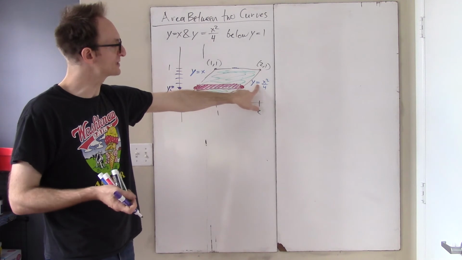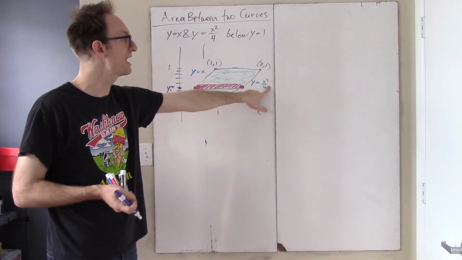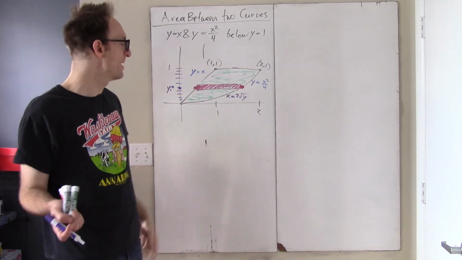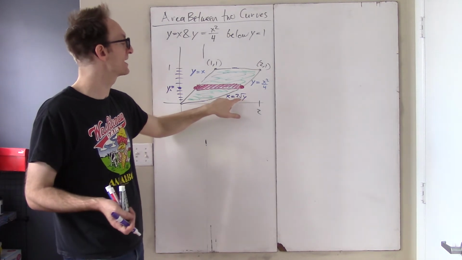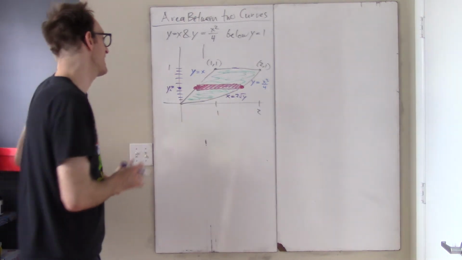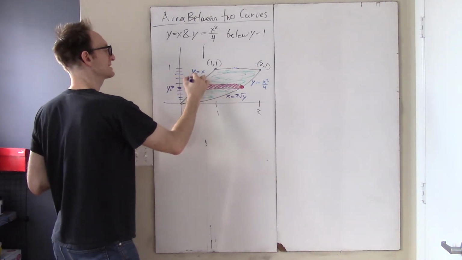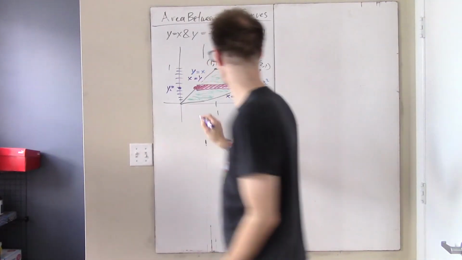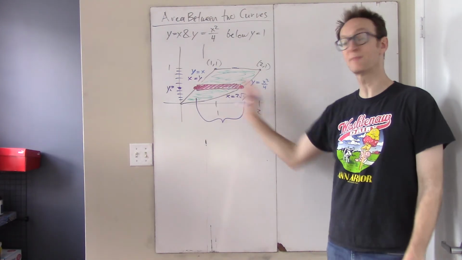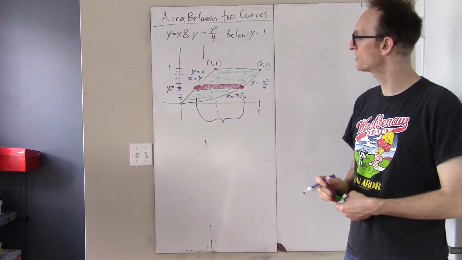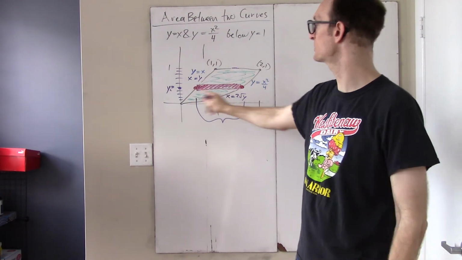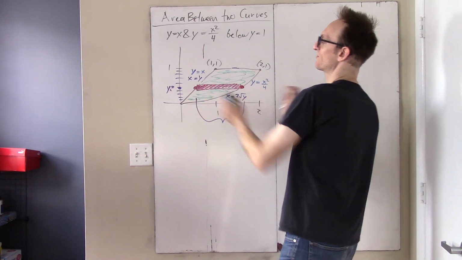But you should think of the y equals x squared over 4 description of this curve as like a formula which takes as input x and outputs the y value. This is just like algebra 1 review. But x equals 2 root y is a formula which takes as input a y value and outputs the x value. And similarly, of course, this line can be rewritten as x equals y. Okay, all of this is to say that when it comes to describing the length of that red rectangle, it has a length which is just the difference in the x coordinates of these 2 points.